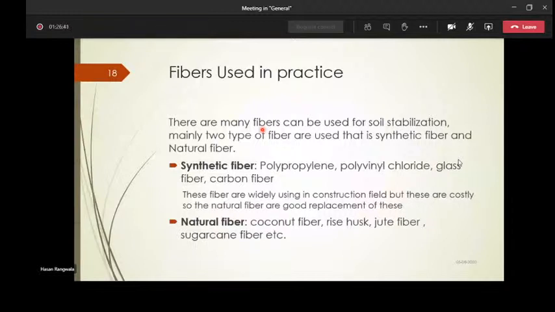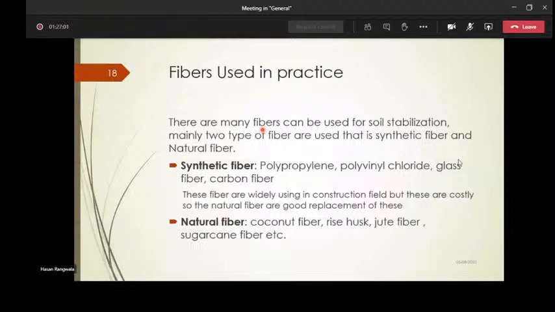Okay. If we see the current practices, in most parts we are now going towards natural fiber. Why? Because one, it is easily available, and another, it is economic.